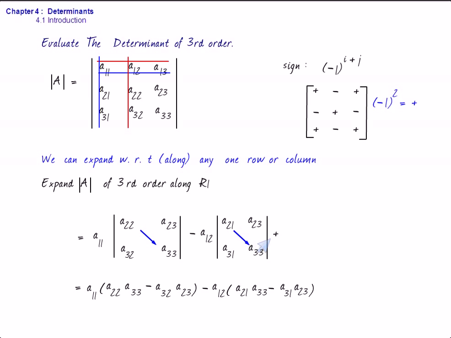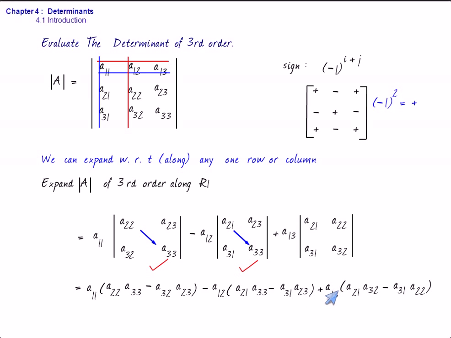A13 times the same procedure, delete the row and column through A13, and you are left with A21 and A22, and elements in the second row will be A31 and A32. So in the second step you have A11 times the value of this determinant minus A12 times the value of this determinant and plus A13 times the value of the third determinant of second order.